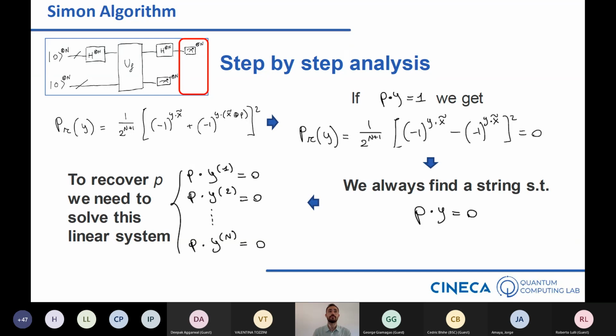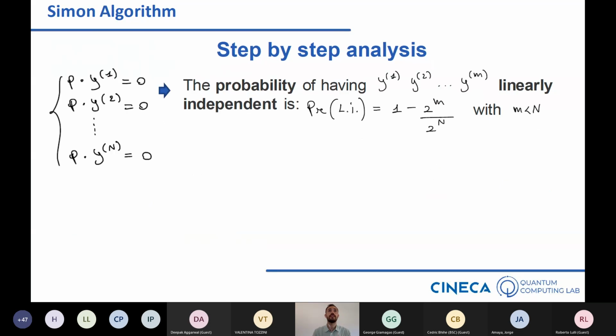Now the question becomes, what is the probability of having in output y1, y2, up to ym, strings which are linearly independent, which means that you can construct this system of equations. Okay, the probability of having them linearly independent is this one.